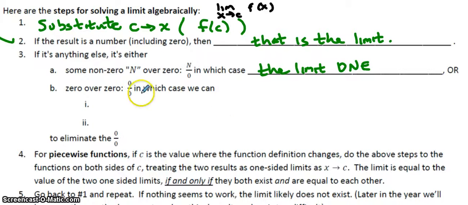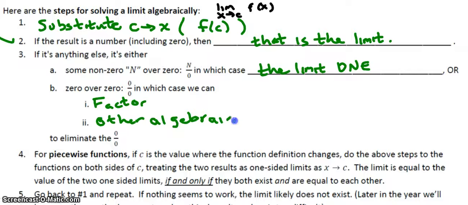But if we end up with 0 over 0, we can try factoring, or we can try other algebraic manipulations.